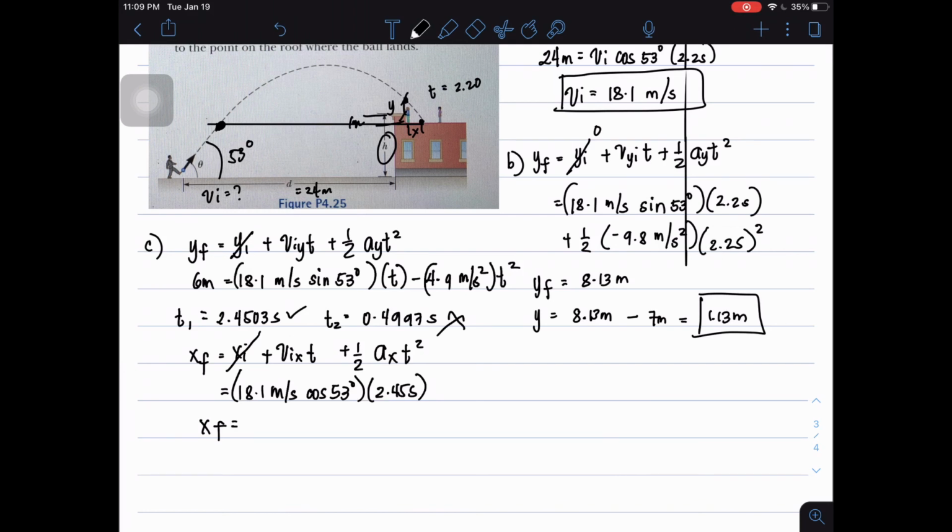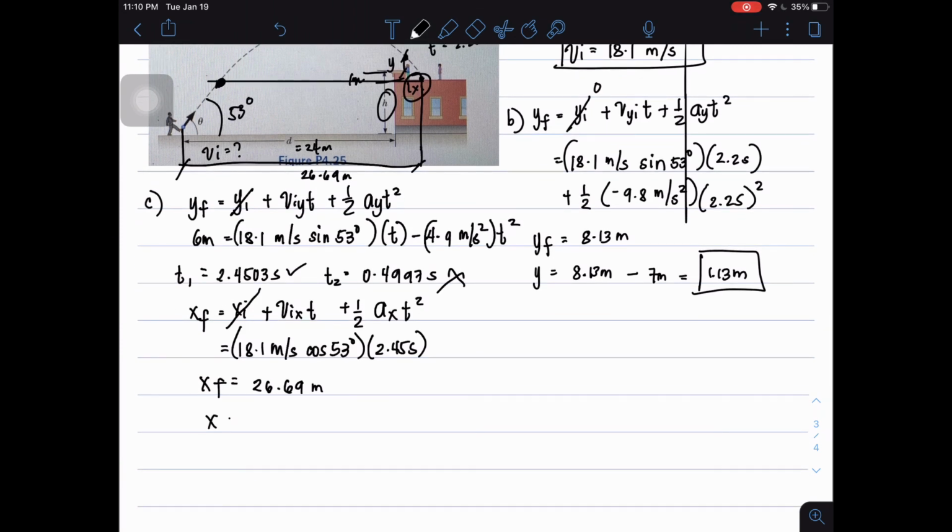And our xf is equivalent to 26.69 meters. But that is not yet the final answer. We still need to subtract that 24 meters from 26.69 meters. Therefore, the value of x is equivalent to 2.69 meters.